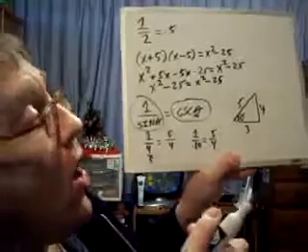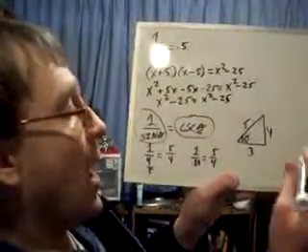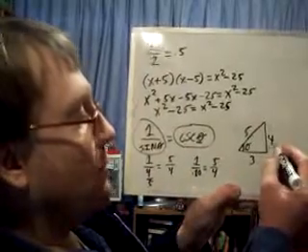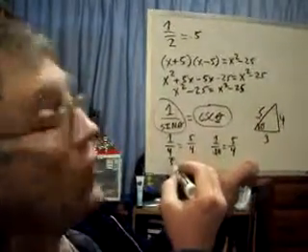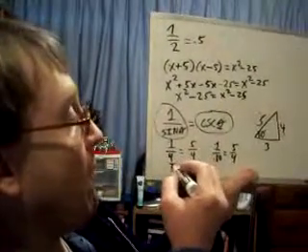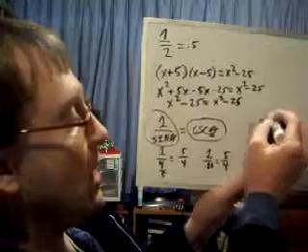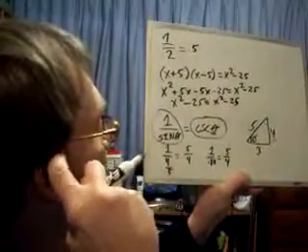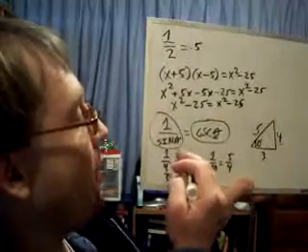Now we know that sine is opposite divided by hypotenuse. Well, you have the fraction 4/5 here, 4 divided by 5. This is the opposite side. This is the hypotenuse. So 1 divided by 4/5 is going to actually equal 5/4.